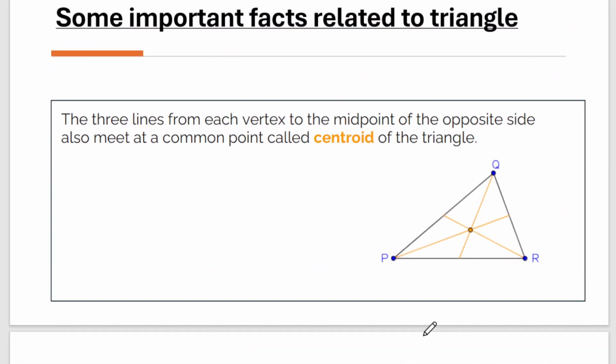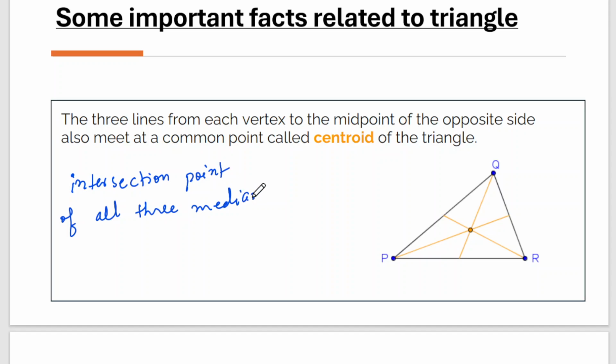The three lines from each vertex to the midpoint of the opposite sides also meet at a common point called centroid of the triangle. See, centroid is nothing but the intersection point of all three medians of triangle.